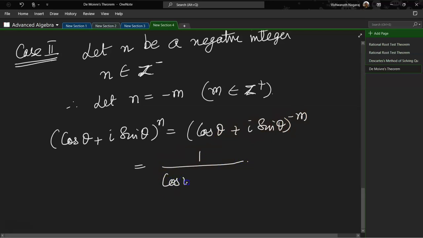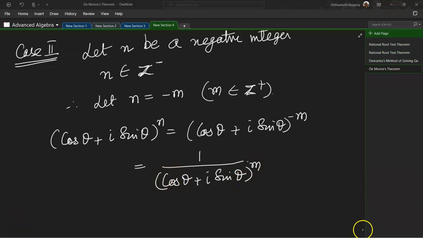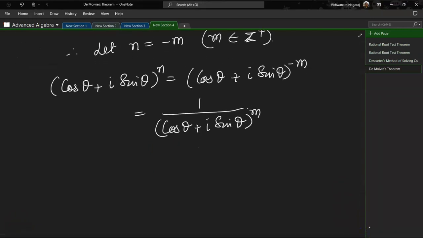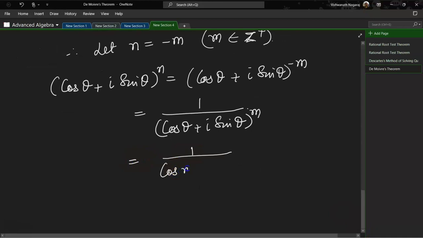So 1 over (cos theta plus i sin theta) to the power of m. Now if we look only at the denominator, cos m theta plus i sin m theta, by applying the first case, we will now rationalize this.